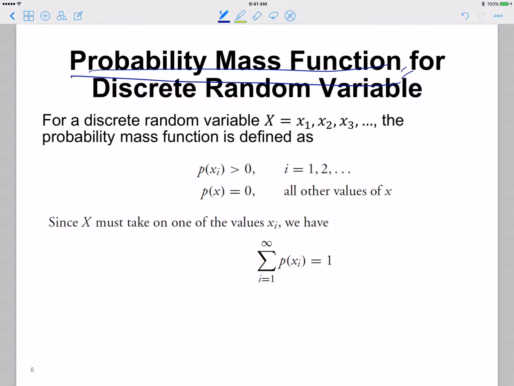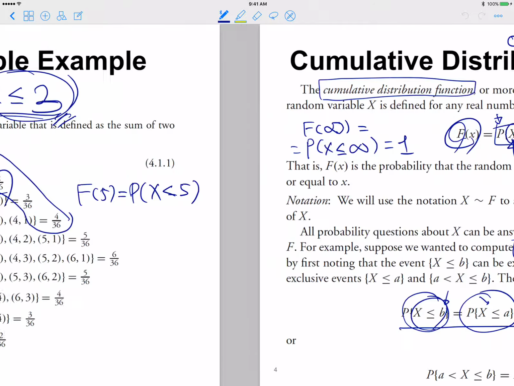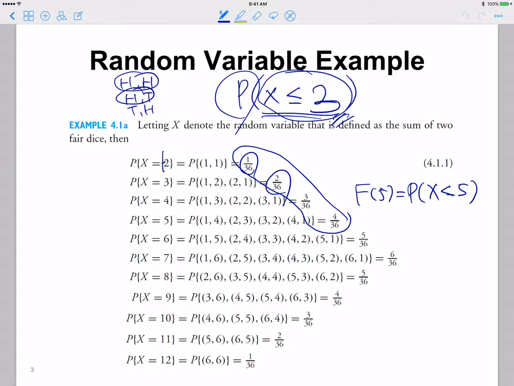Like the case of the sum of the dice values from the two dice rolling, ranging from 2, 3, up to 12. So they can be just countable within a finite number. So that corresponds to a discrete random variable.